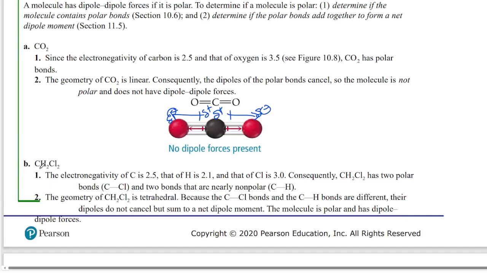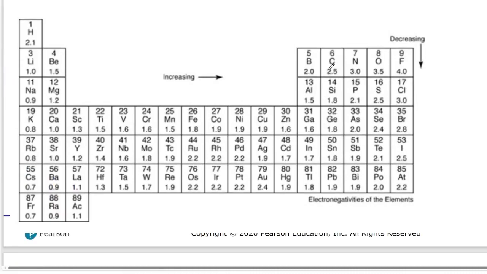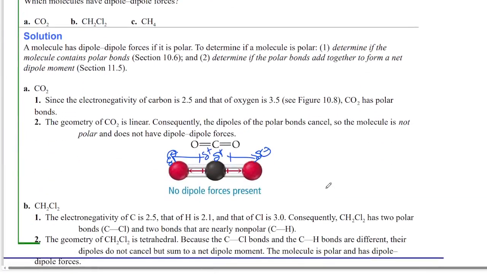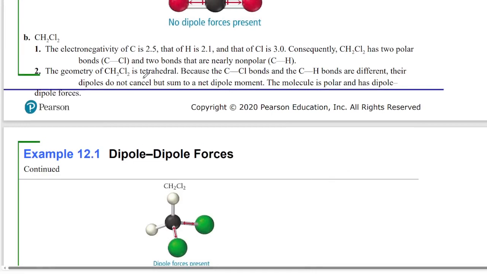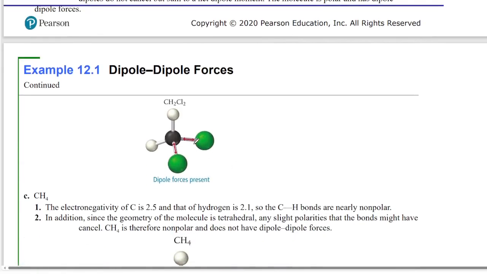For methylene chloride, CH2Cl2, we have carbon, hydrogen, and chlorine. Carbon is 2.5, hydrogen is 2.1, and chlorine is 3.0. So for the carbon and hydrogen, the electronegativity difference is 0.4.